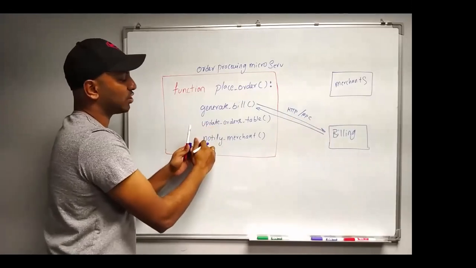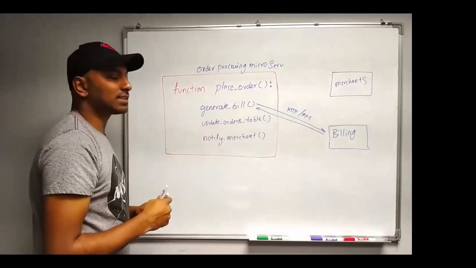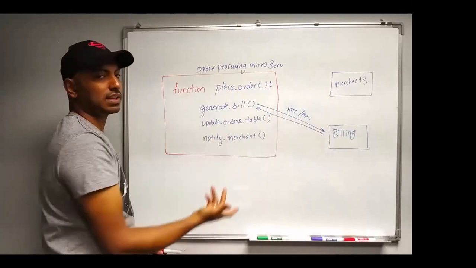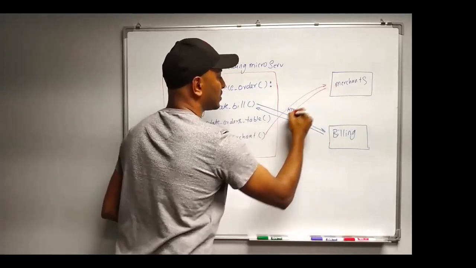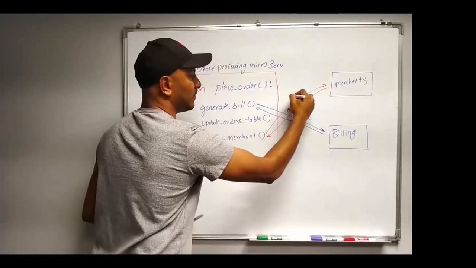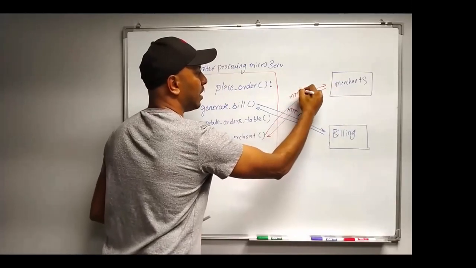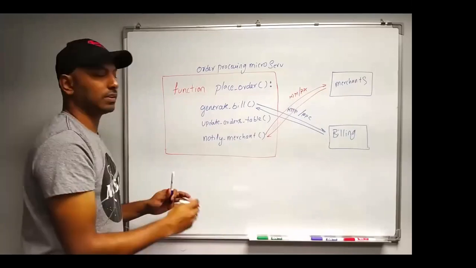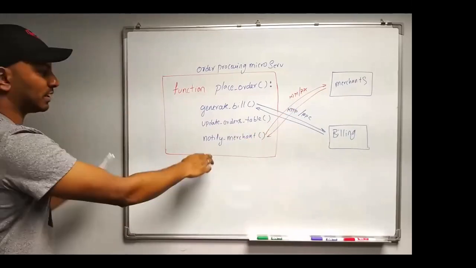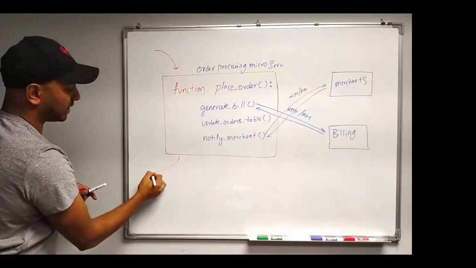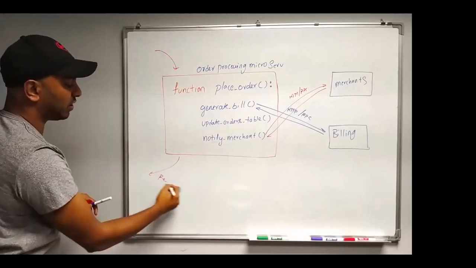And then we have to execute notify merchant. This is not the order processing microservice's responsibility. So we again call the merchant microservice in the same way, either by HTTP or RPC. Then we get back the response, and we can now give back the response. The request started here, and the response comes after finishing all of this work.